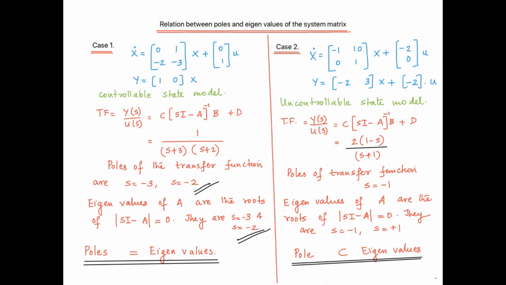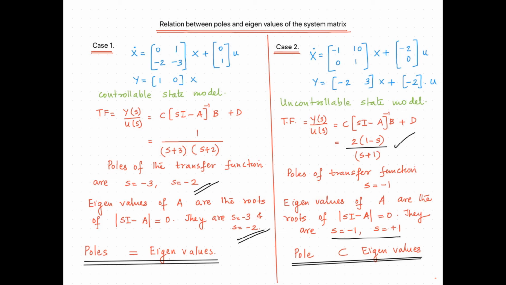Next we consider a case with an uncontrollable state model. Again it can be checked using Kalman's test. The transfer function will give you a transfer function as 2 into (1 minus S) by (S plus 1). Poles of the transfer function are S equal to minus 1. We have only one pole. The eigenvalues of A will give you S equal to minus 1 and S equal to plus 1.